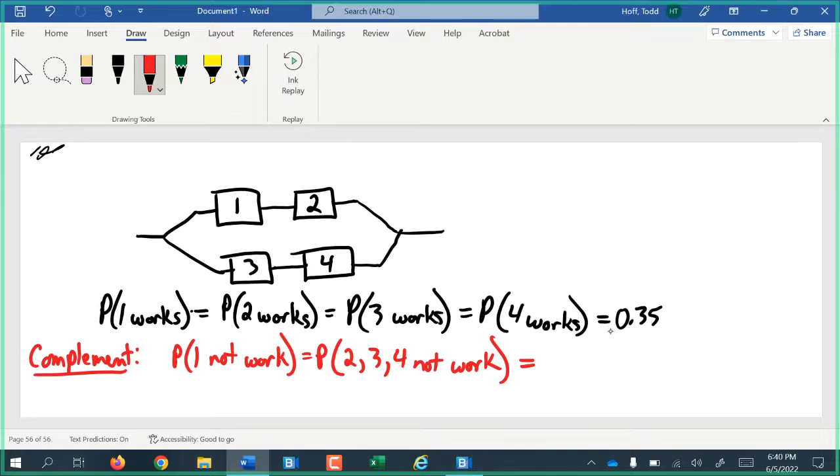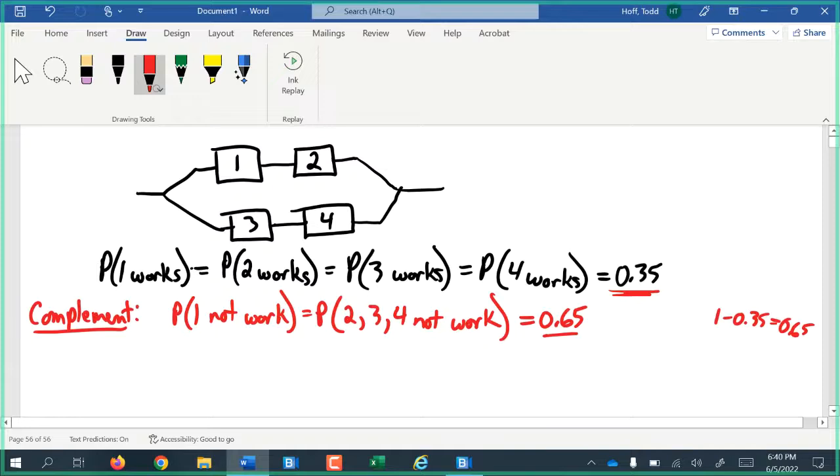The complement of 0.35 would be 1 minus 0.35, or 0.65. So the probability that each of them individually would not work then would be 0.65. Now I realize this is a very low probability of working and a very high probability of not working, but that's the way this problem is set up to go.